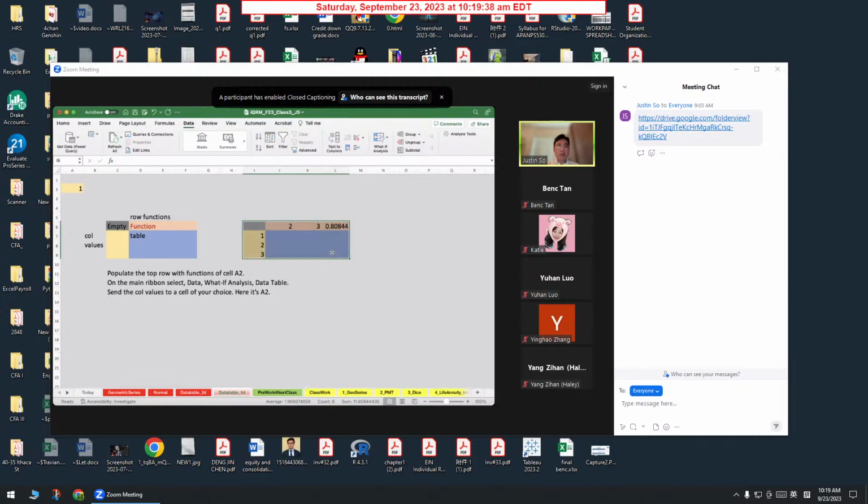So here, if you select like this, go to data table, again give the same column input here. Okay. It generates the numbers in each column. Here's the interesting thing. Let's say you delete everything, and then here is RAND.